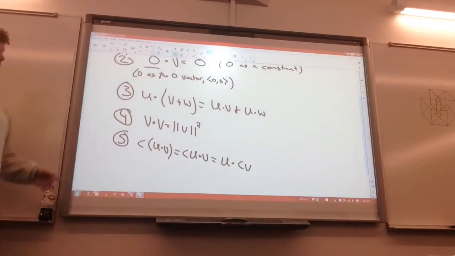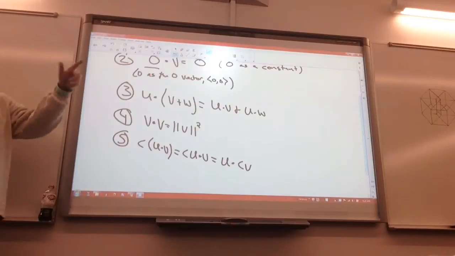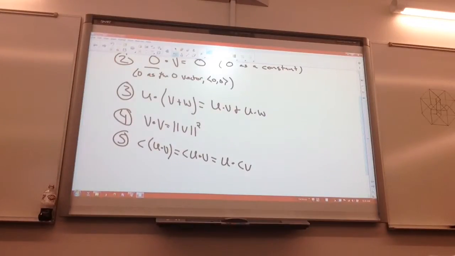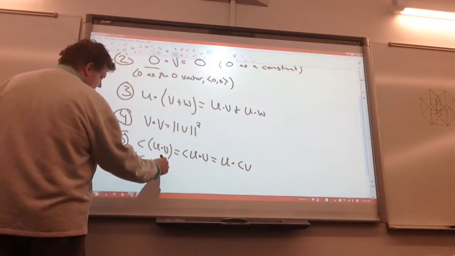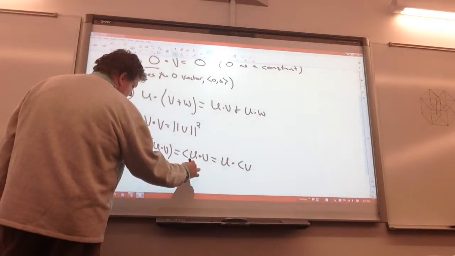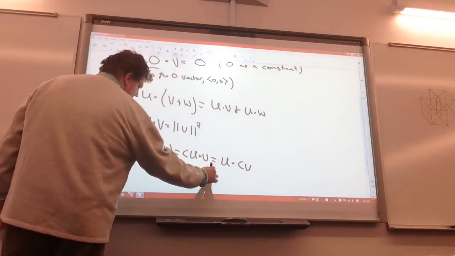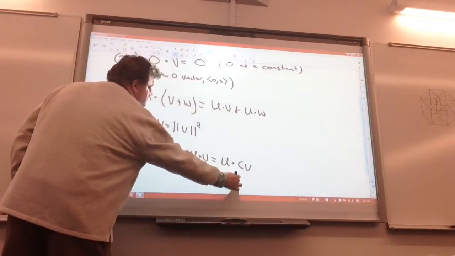So it would be scalar times u dot product v, or u dot product scalar times v. But you do that first before you do the dot product. Any questions there? What's the C there? Constant. C for constant. So I'll add that down here in the middle. C is a constant scalar.